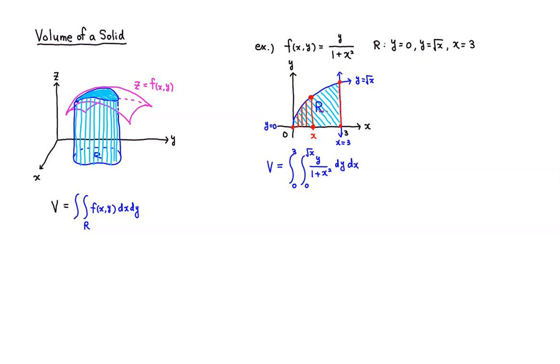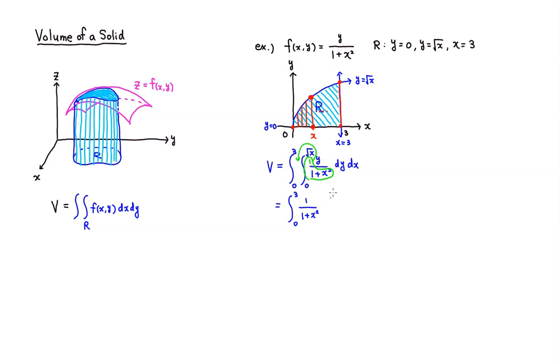First I'm going to leave the outside integral untouched. Then here I can kick something out. There's a 1 over 1 plus x squared, which has nothing to do with y, so we can pull it out of the inner integral. Then we have an integral here.